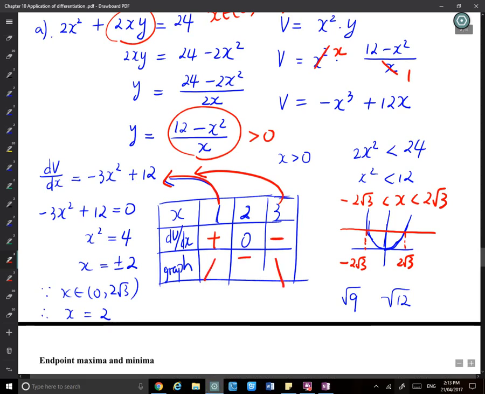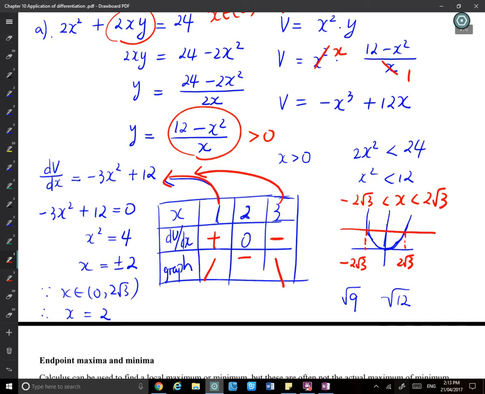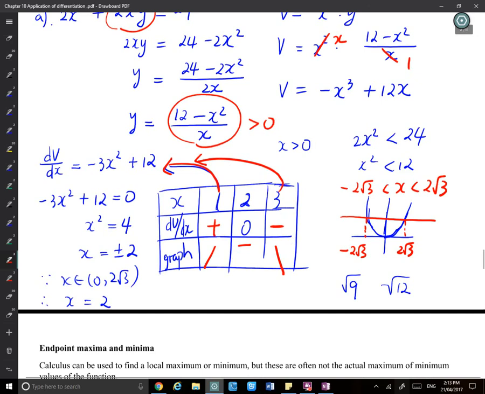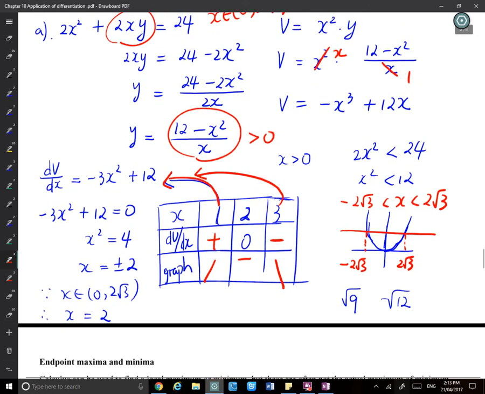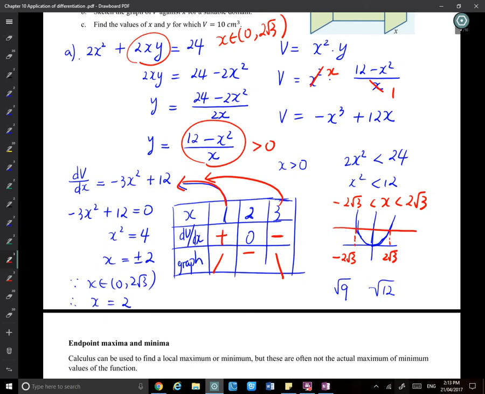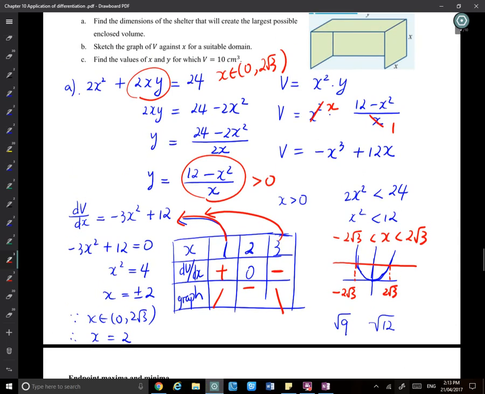Positive, 0, and negative gives you a maximum value.